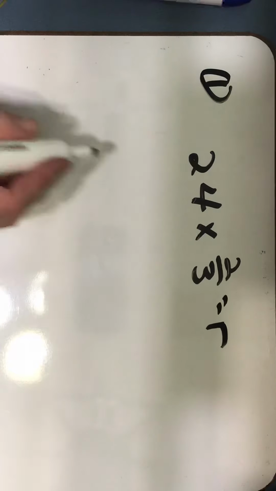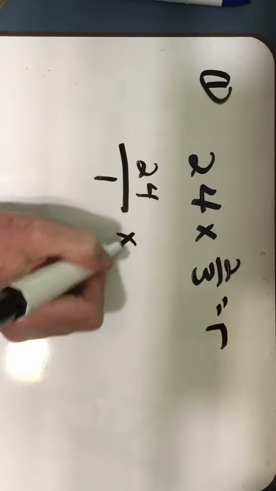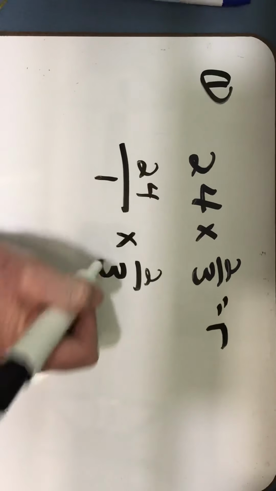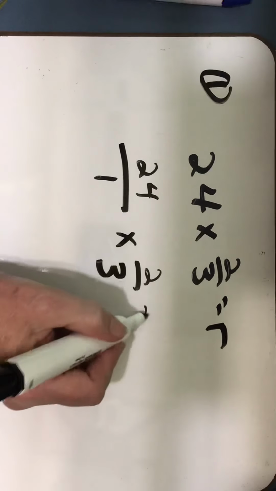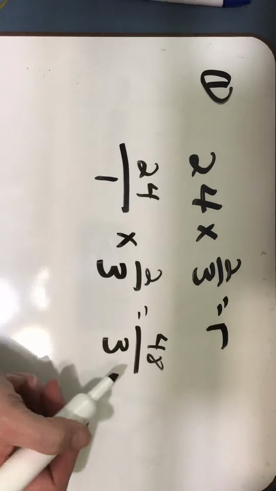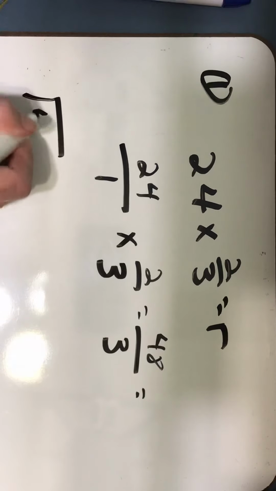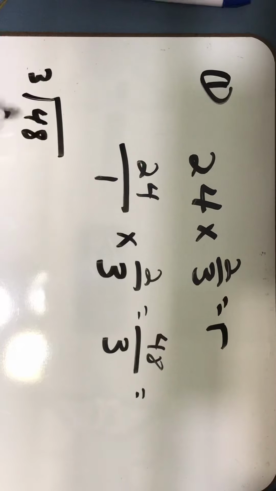So I need to change 24 to a fraction, 24 over 1 times 2/3. Okay, 24 times 2 equals 48, and 1 times 3 equals 3. Now you need to change that into a mixed number or a whole number. So we're going to divide 48 divided by 3. 3 goes into 4 once. 1 times 3 is 3. 1 left over.